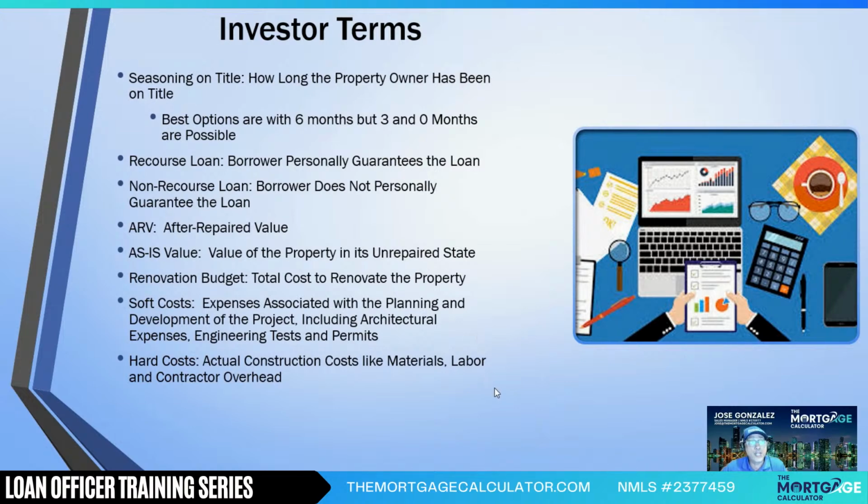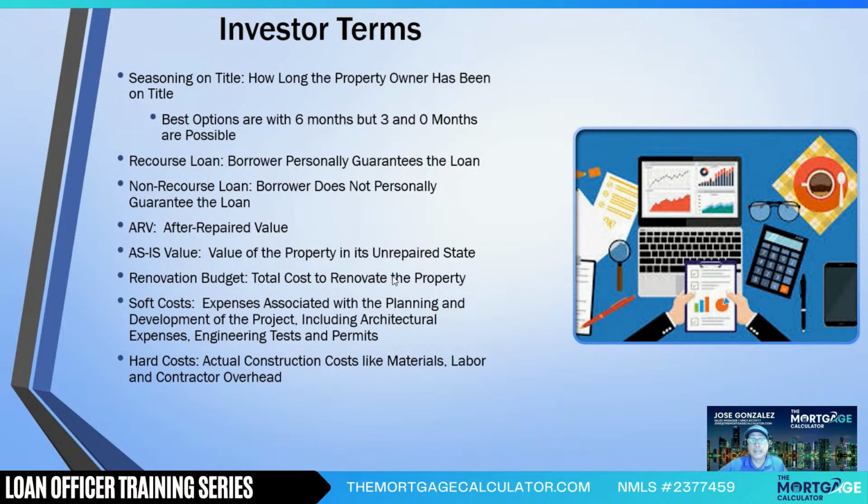We have a recourse loan. A recourse loan is where the borrower personally guarantees the loan. Non-recourse loan, the borrower does not personally guarantee the loan. Now, I will state all of these loans that we're looking at here, all of these fixed flip loans, all of these DSCR loans are all recourse loans.